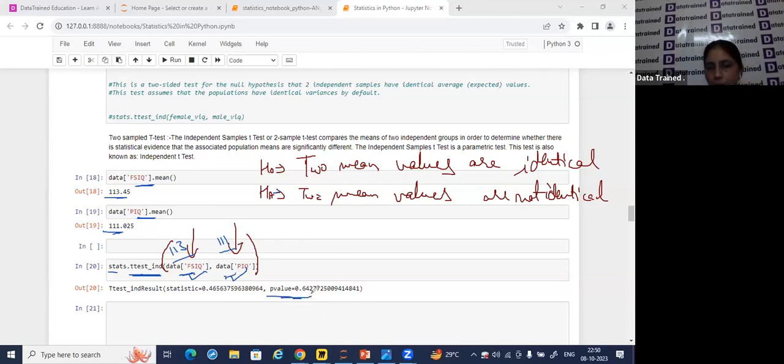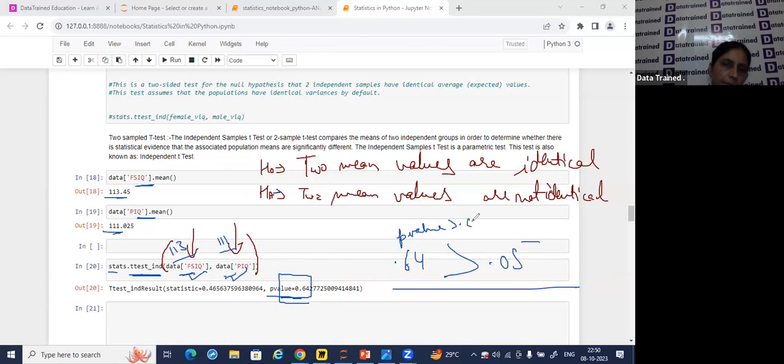The P value is coming as 0.64. So 0.64 is a P value greater than 0.05. So in this case, the P value is greater than 0.05, so the null hypothesis is accepted and the alternative hypothesis is rejected.